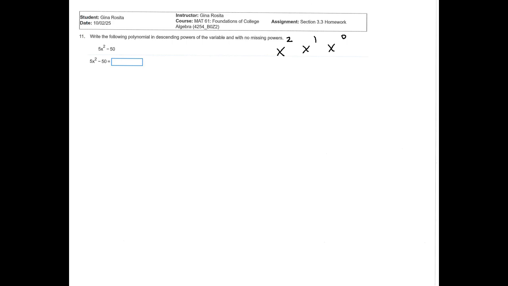So now, I just write down again, 5x squared minus 50, right? So I need something in the middle here. Yeah, I need something because the degree is, the exponent is 1. So it means I have to write down, become 5x squared plus 0 times x to the 1 minus 50, right?